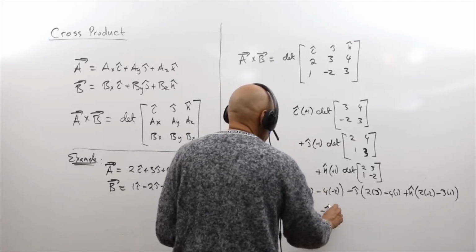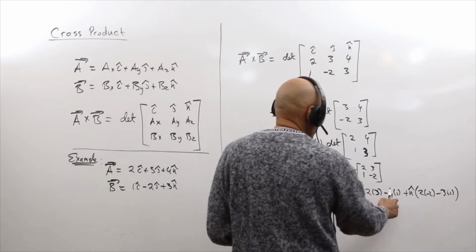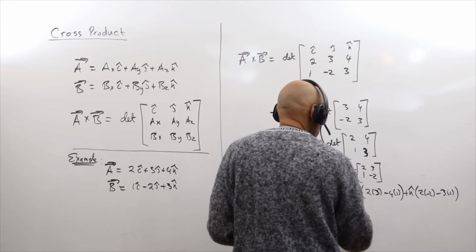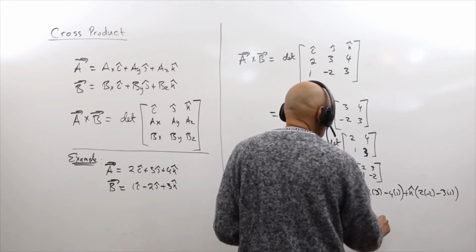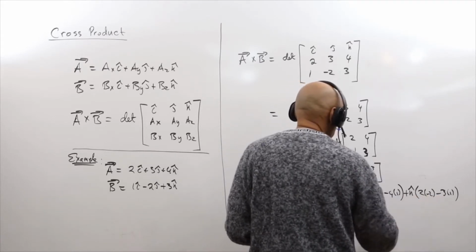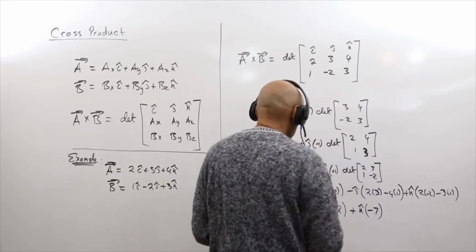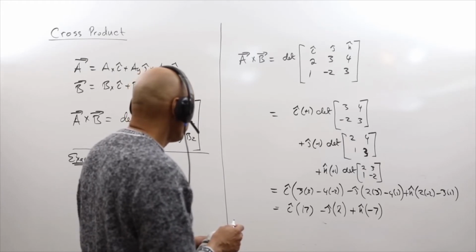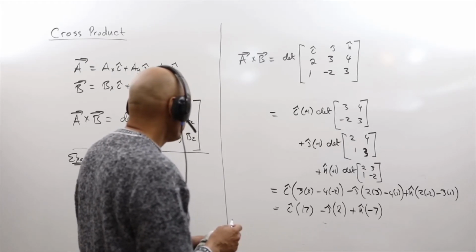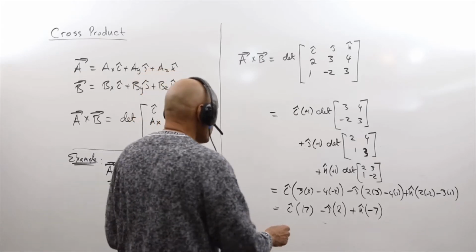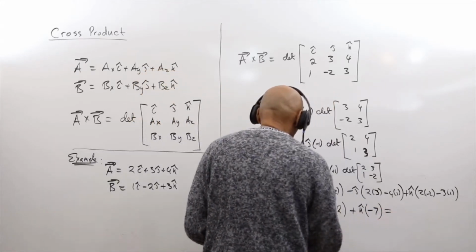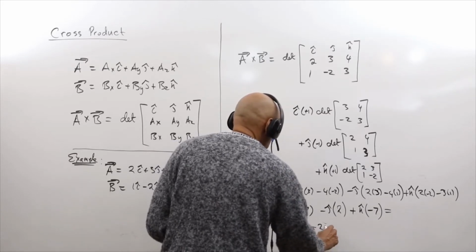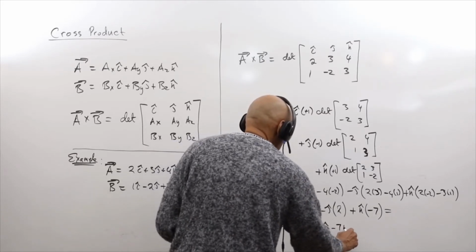And then a minus j, 6 minus 4, which is 2, and plus a k vector of negative 4 minus 3, which is negative 7. Anyway, so let's just double check. And so finally we get a vector of 17i minus 2j minus 7k.